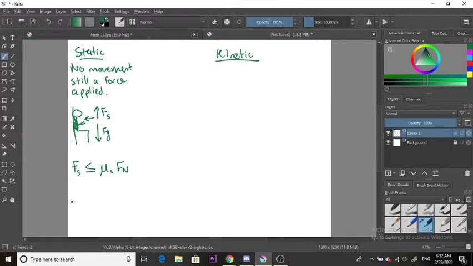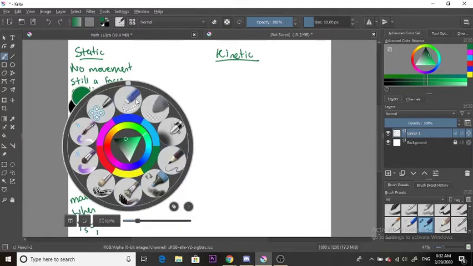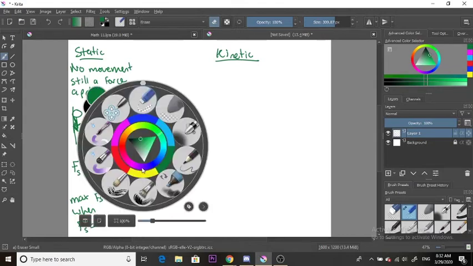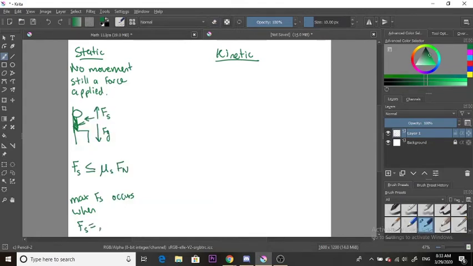Now, the maximum static friction force occurs when your static friction force is equal to your coefficient of static friction times your normal force. This symbol here is called mu. It is the Greek letter in the alphabet, and this is your coefficient of friction.